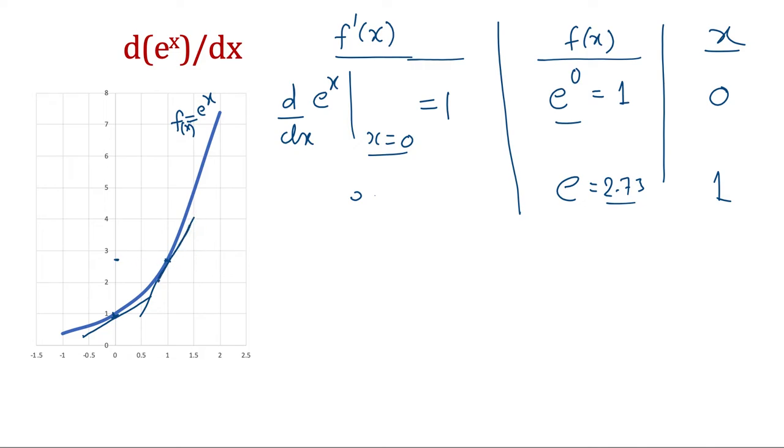So you see that this is much more than this value, and in fact if you figure out, you will find that the value of slope is also e, that is 2.73. Similarly, you look at any other point, for example here at 2, its value is more than 7, and the value of slope will also be the same.